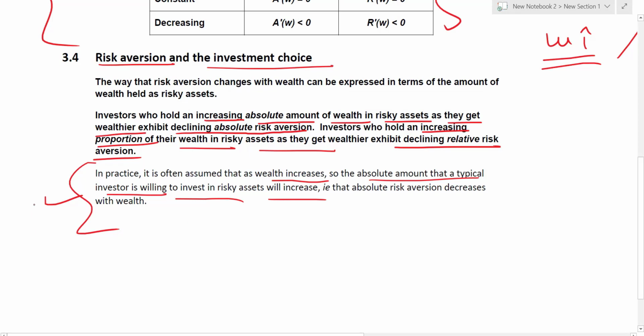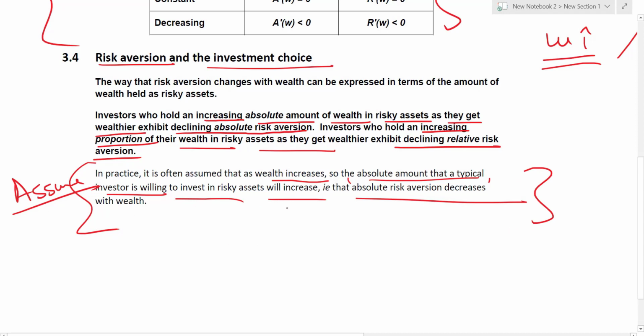This is observed in the real world, and this is what we assume practically. So we assume a decreasing absolute risk aversion, because as you get richer you will be willing to invest more in risky assets. Relative risk aversion depends a lot on the investor's attitude, so you can't assume it, but this is something which is usually assumed.